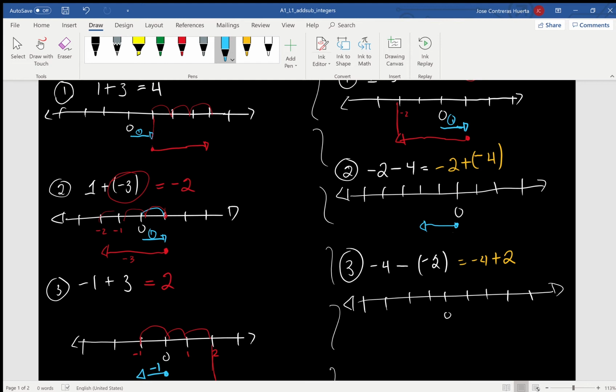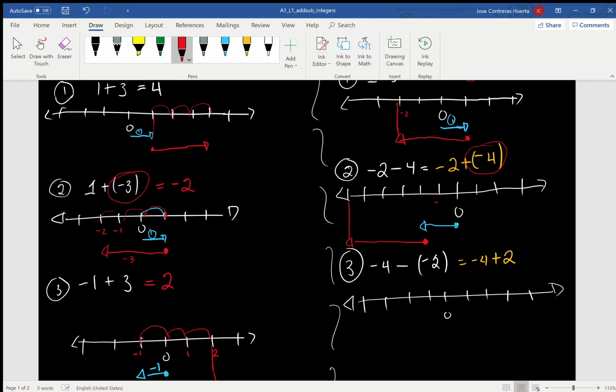So that means that on my next movement, I have to start at -2. And then because this is -4, that means that I have to go to the left, right? Negative means go to the left. So I go four more. So this is going to be 1, 2, 3, 4. So now what is this final position that I'm at?